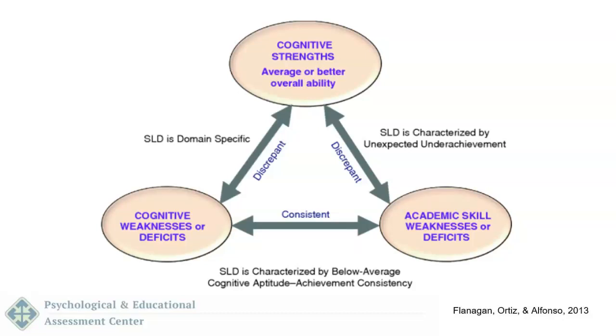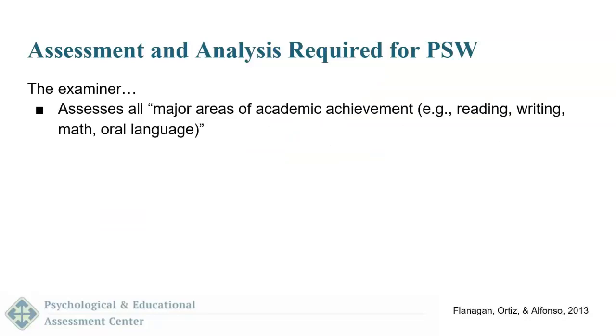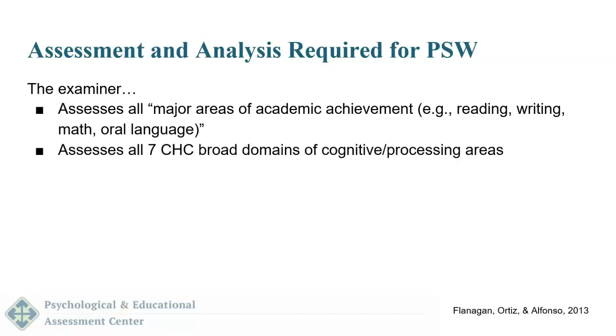Now I'll go into a bit more about how the examiner is responsible for assessing these criteria. This is a broad overview of the assessment and analysis required for PSW. The examiner assesses all major areas of academic achievement, such as reading, writing, math, and oral language. The academic areas assessed should be informed by the referral concern.